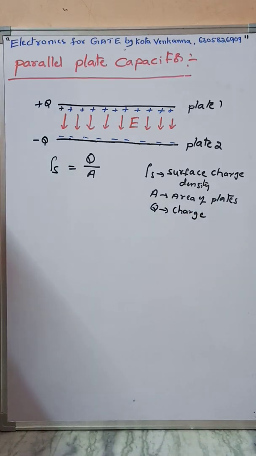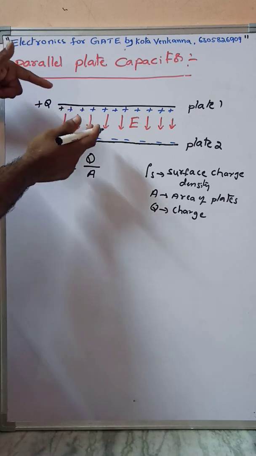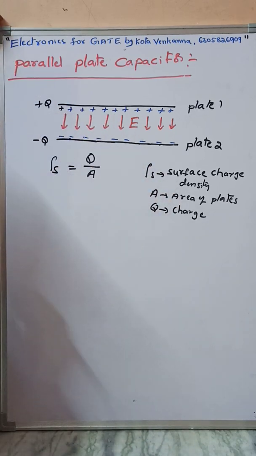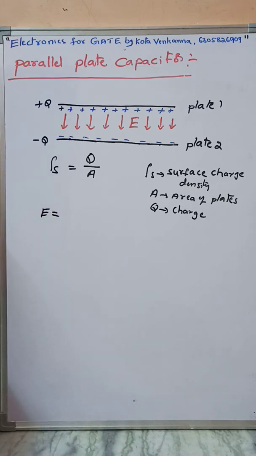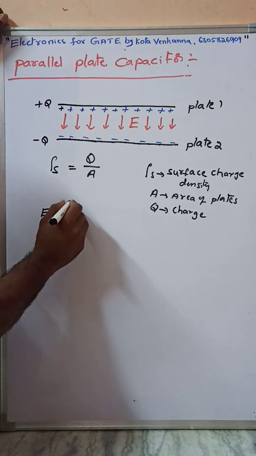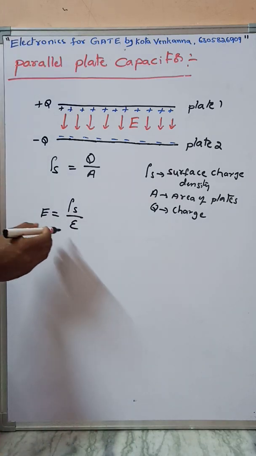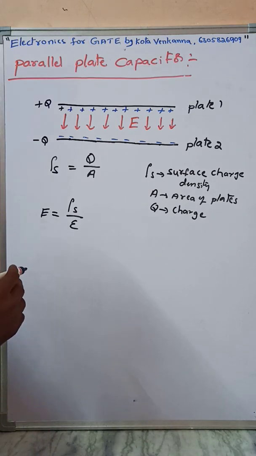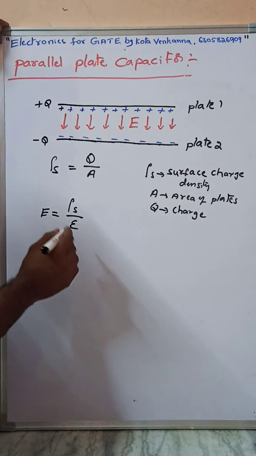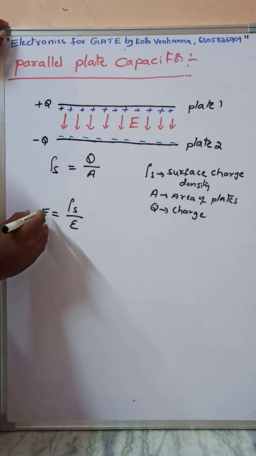Then the electric field E between the two plates is given by E is equal to rho s by epsilon, where rho s is the surface charge density and epsilon is the dielectric constant of the medium.